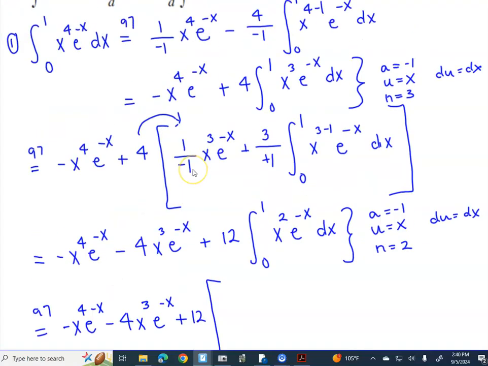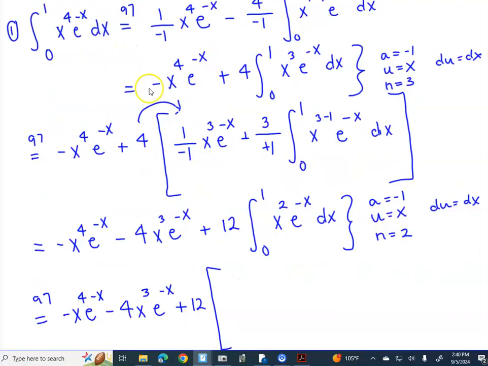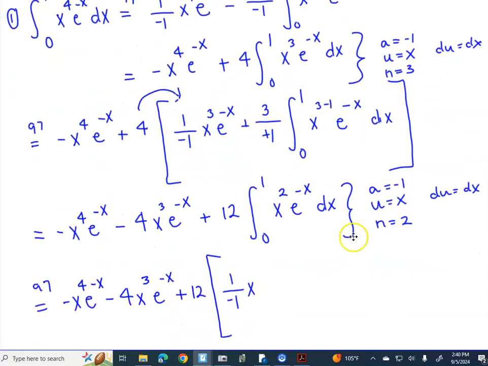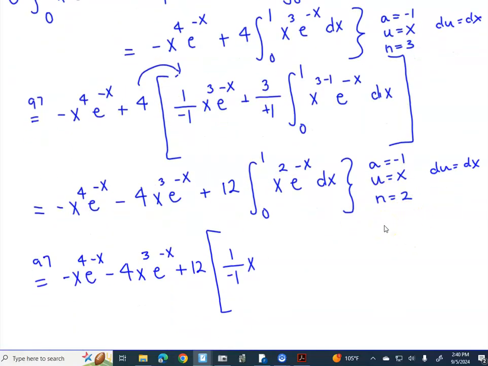Using 97, it's 1 over a, so it's 1 over negative 1, and then that's u to the nth power, and n is 2, so that's squared, e to the negative x, minus, sorry, minus 2 over a, which is negative 1, and the integral going from 0 to 1 of x to the power of 2 minus 1 e to the negative x dx.